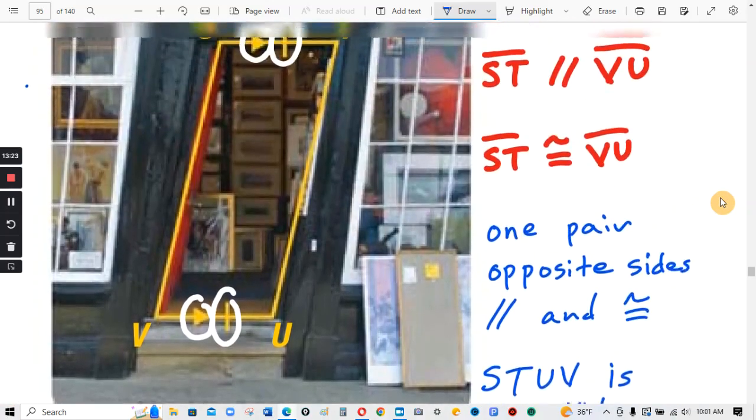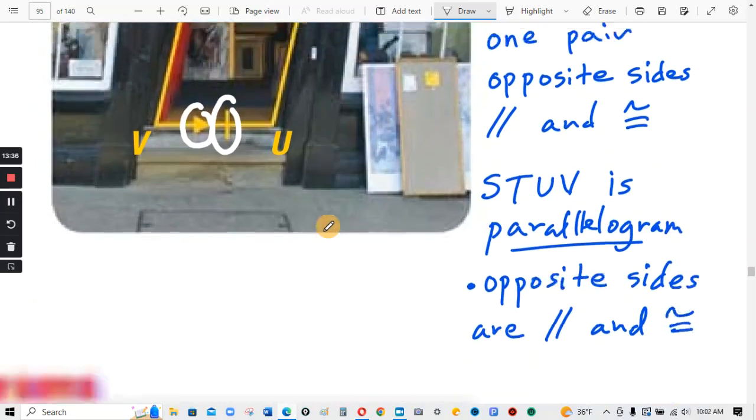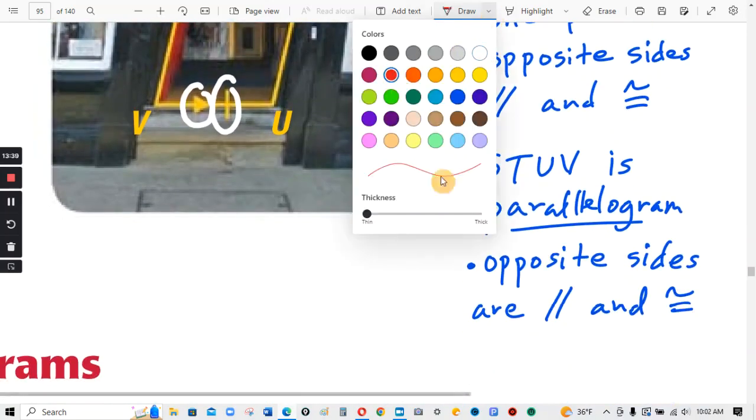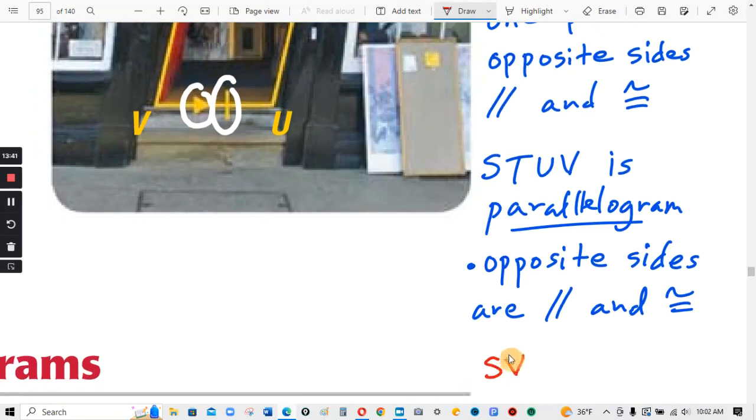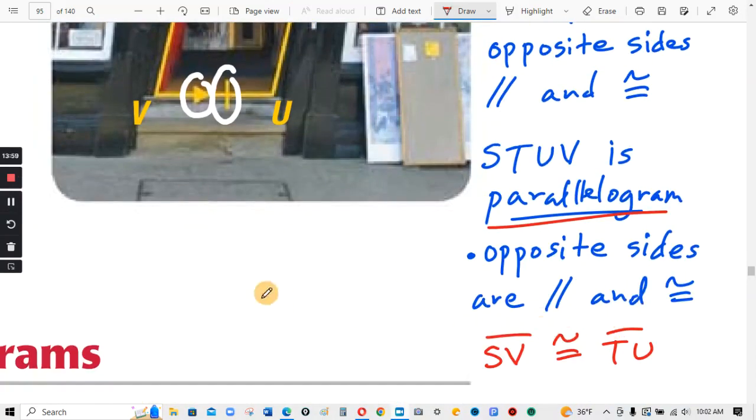So as a result, if you just go across opposite sides, we have SV and we have TU. So opposite sides, SV is congruent to TU. And that's because that is one of the characteristics of a parallelogram. So basically, prove it's a parallelogram, and that proves that opposite sides are congruent.